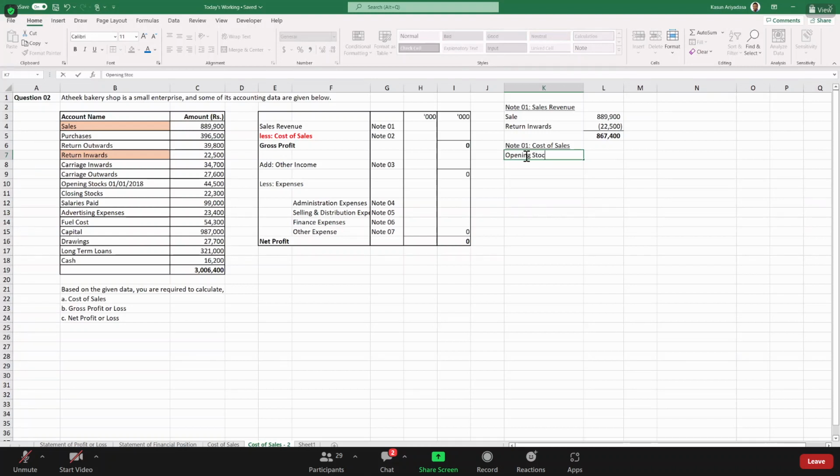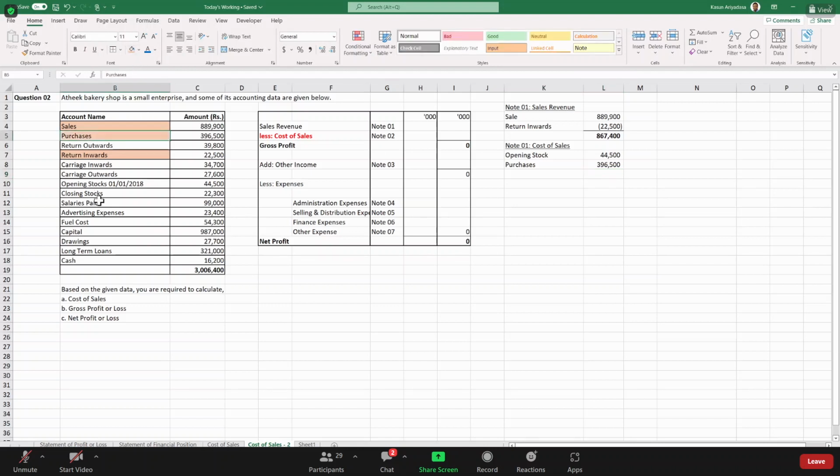I think there is an opening stock of 44,500. Then we are purchasing new stocks. Do we have purchases? Yes, we do have purchases. 396,500. Now we have done this.